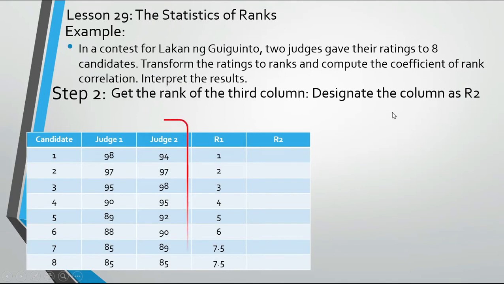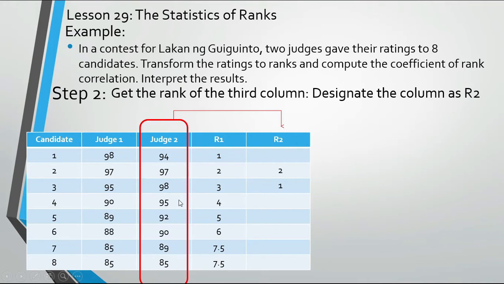Ayan. So, ito naman daw yung ira-ranking natin. Na-rank na natin itong Judge 1. Yung scores naman ng Judge 2. So, again, hanapin natin yung pinakamataas. Ayun. So, 98 ay rank 1. Then, 97, rank 2.